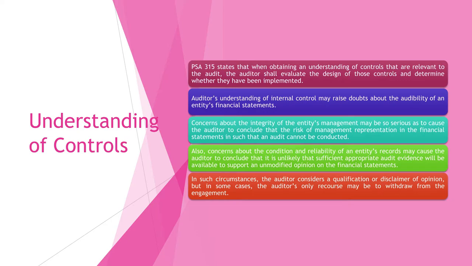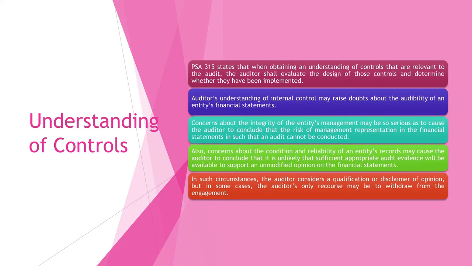And if the understanding of controls itself would raise a lot of doubts in the auditability of the entity's financial statements, then that will affect your decision whether to push through with the engagement and continue with the audit work, or it will affect the opinion that you will express relative to the financial statements. So it's important for you to have an understanding of the controls.